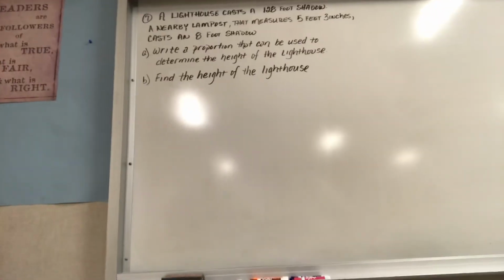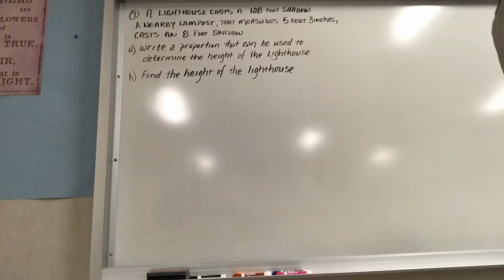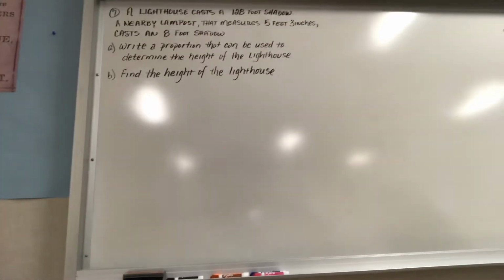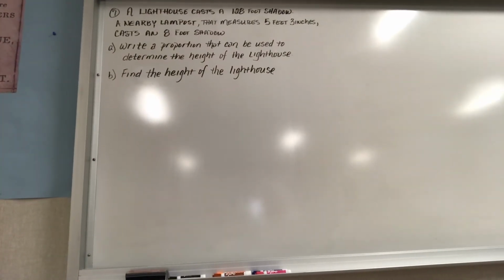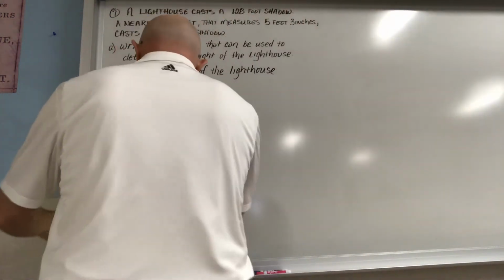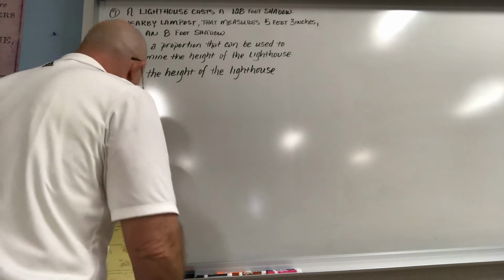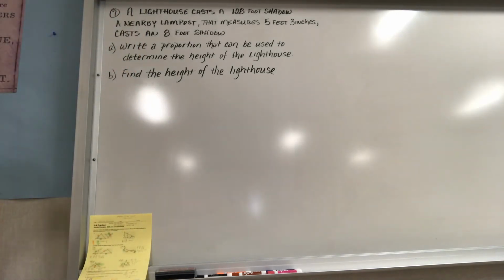We're going to move over here now for our last problem. Once again, like the last lecture, this one is a wordish problem. So, we've got a lighthouse that is casting a shadow of 128 feet.